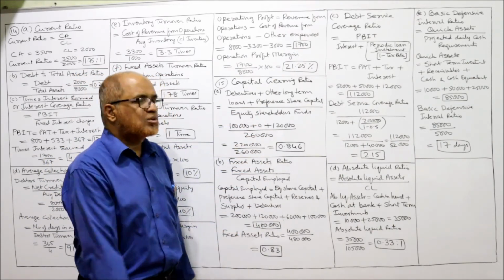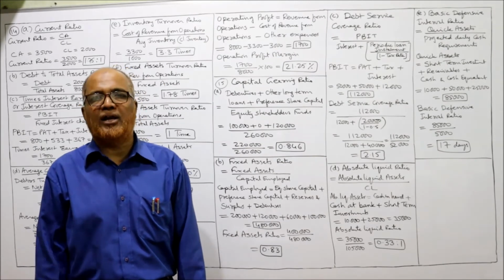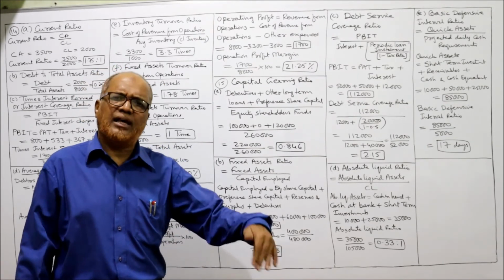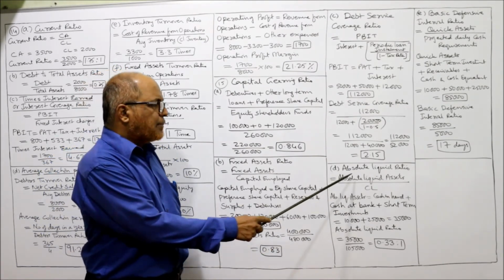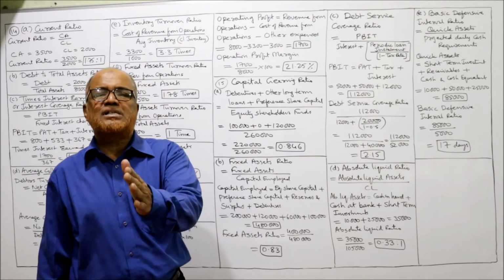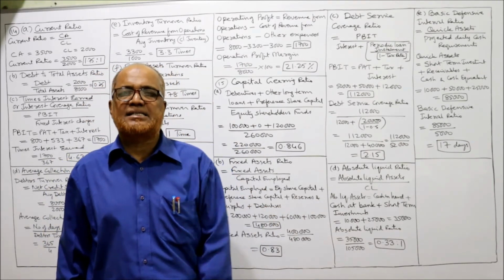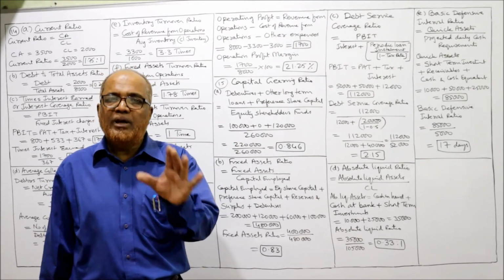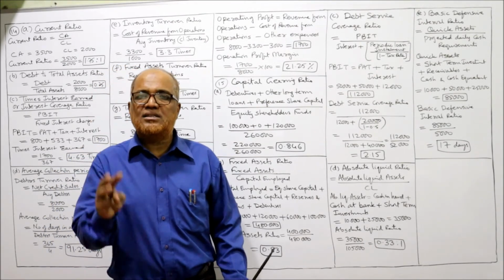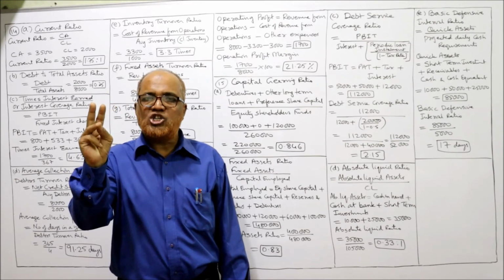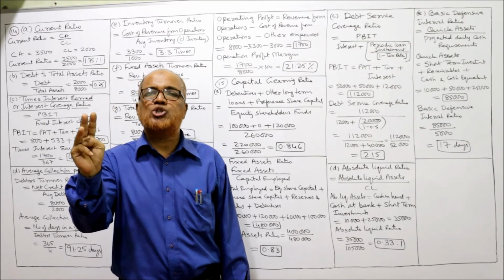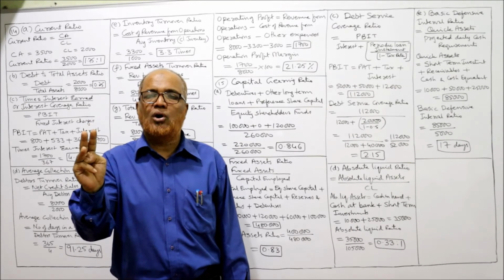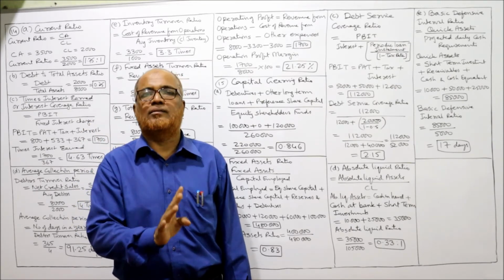That's it. Next one, absolute liquid ratio. This is an old formula. Already in the previous problem also we have applied. Absolute liquid ratio is equal to absolute liquid assets divided by current liabilities. Now, what do you mean by absolute liquid assets? 3 assets you have to remember. Cash in hand, cash at bank, and short-term investments or marketable securities.